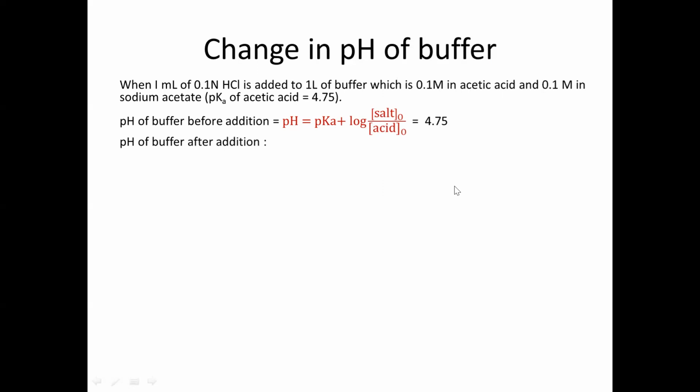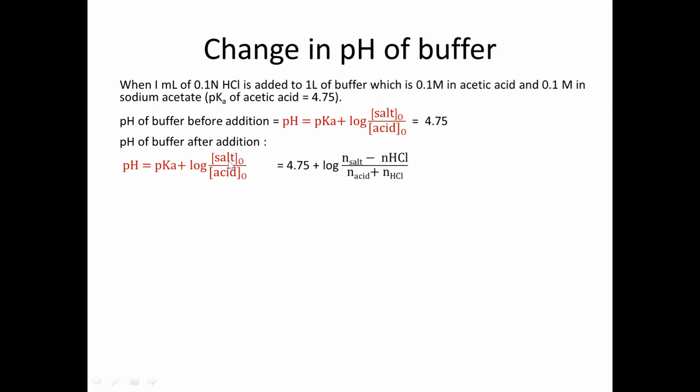Now, what happens when we add acid to this buffer? We have seen that on addition of acid, the concentration of salt decreases and the concentration of acid increases by the same amount as the amount of HCl that has been added into the solution. So we will have to see how much salt has decreased and how much acid has increased.